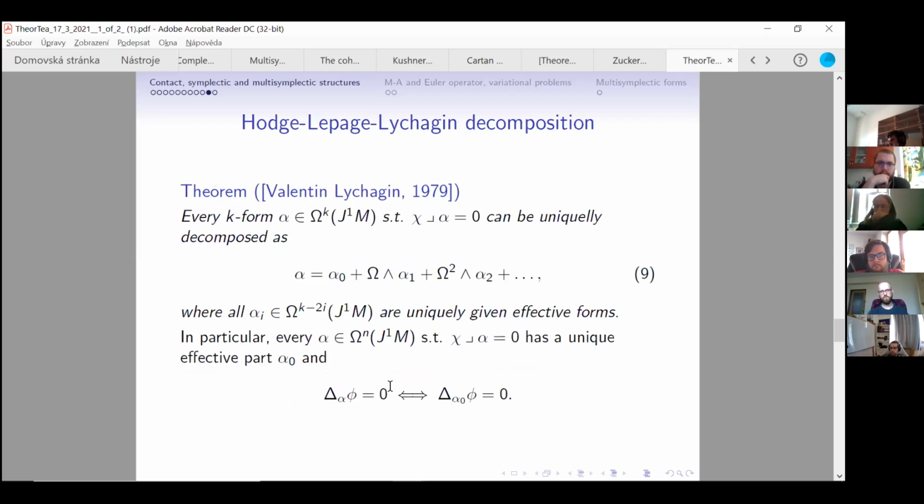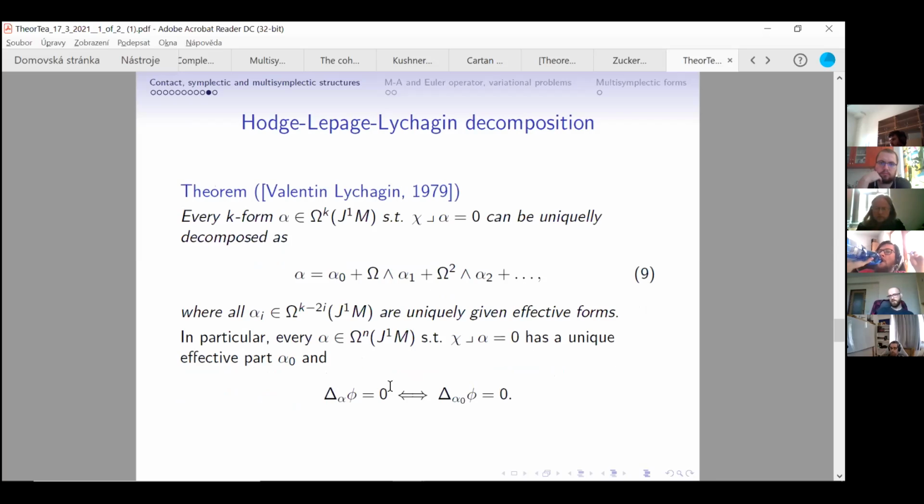Okay, so the key theorem that enables us to do some computations is the following: the Hodge-Lepage, sometimes referred to as Hodge-Lepage-Lychagin decomposition, proved by Valentin Lychagin in 1979. Consider a k-form which degenerates along the Reeb field, in other words, is sort of living on the Cartan distribution.